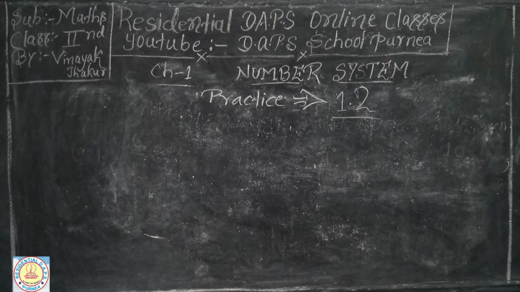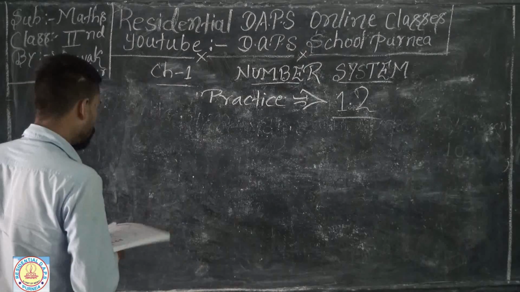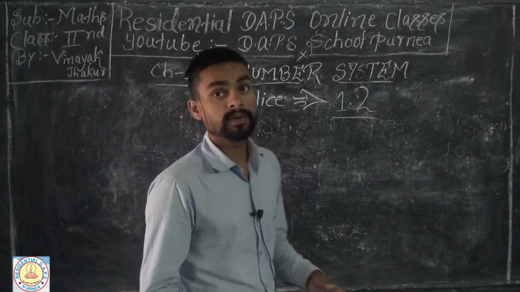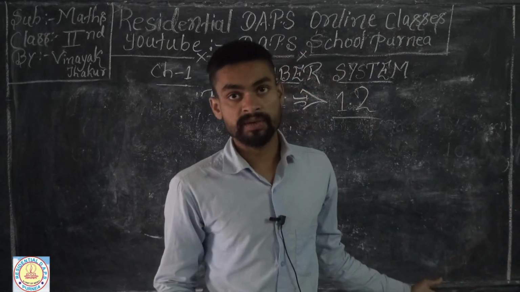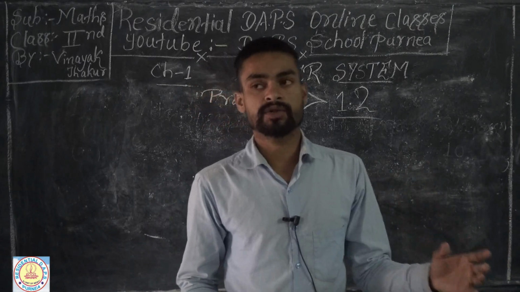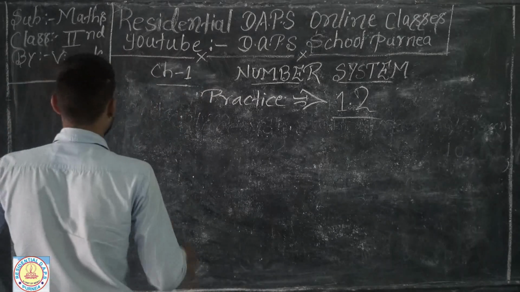In your practice set 1.2, your first question is: write the place value of the encircled digit in each of the following. We have learned in our previous class how to find the place value of any smallest or largest digit. So we are going to solve the first question.